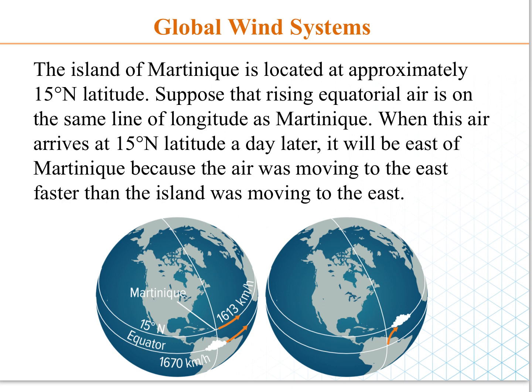So this slide actually depicts exactly what I'm saying, right? Because the air mass that is moving from the equator up toward 15 degrees north latitude, there's going to be an apparent deflection to the right. And this is really what the Coriolis effect is all about.